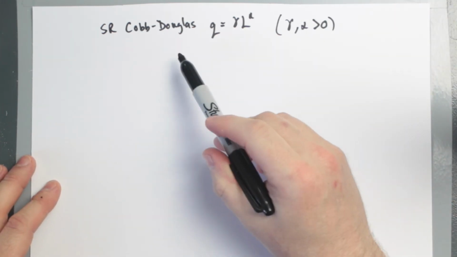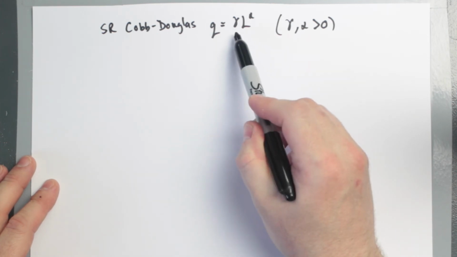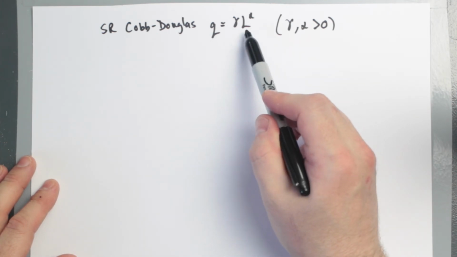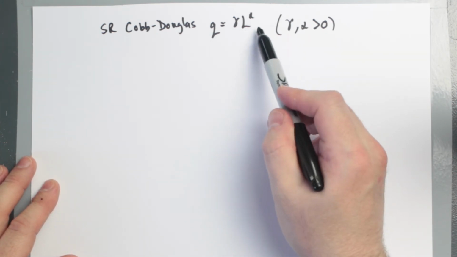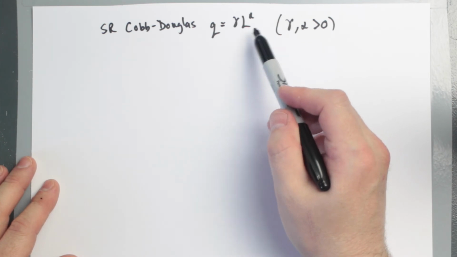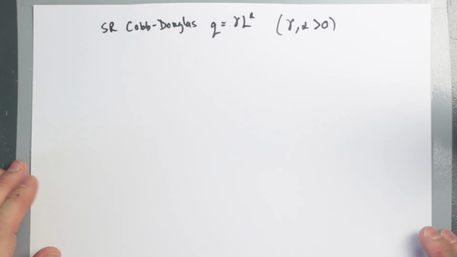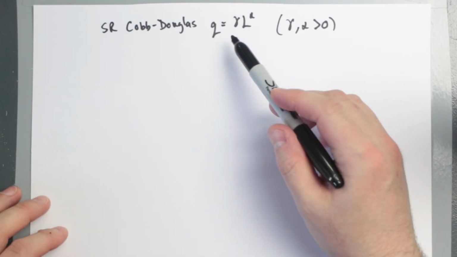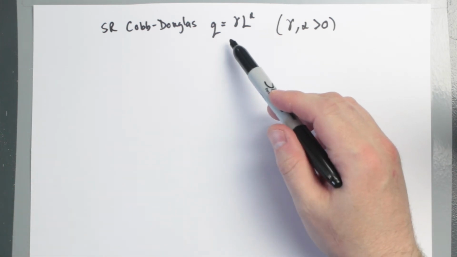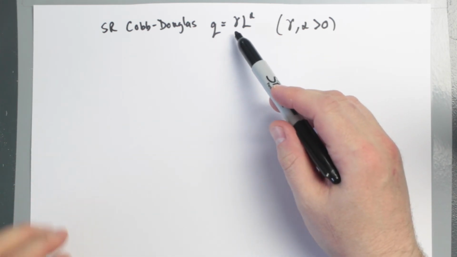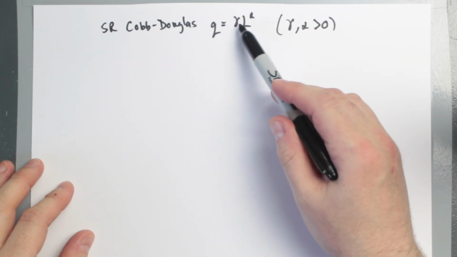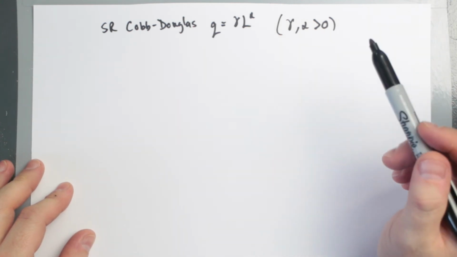When we saw the long-run Cobb-Douglas function, we had Q is equal to A times L to the power alpha times K to the power beta. Now in the short run, we're going to take capital as fixed, and A was fixed, and beta is fixed. They're just parameters. So they are all consumed by this constant gamma here.